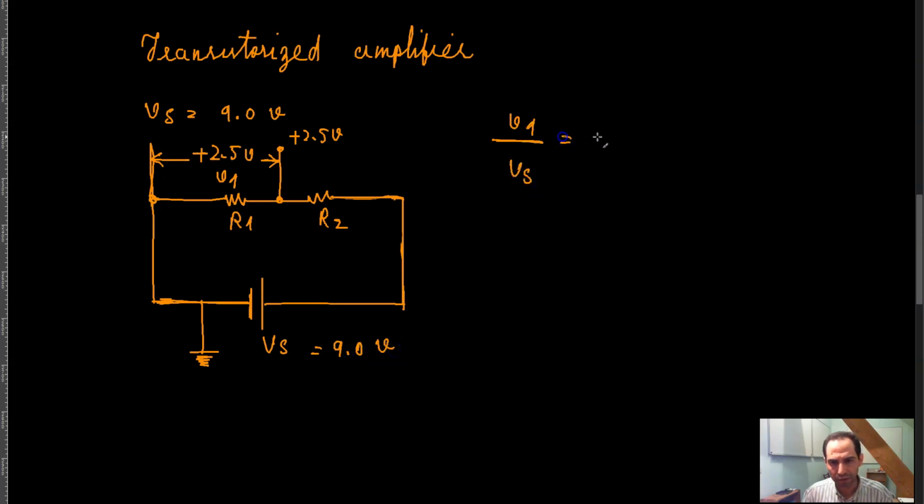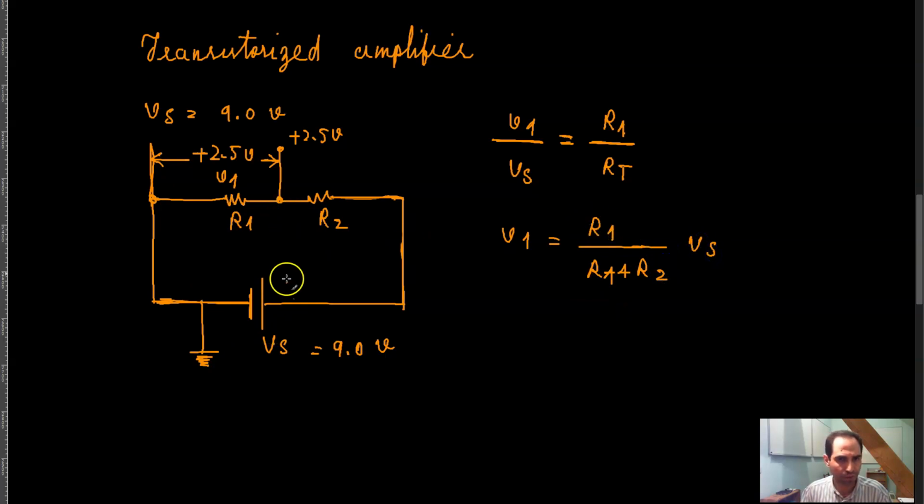V1 to V of S is always equal to R1 to R of T. The reason for that is that you know the voltage across R1, V1, is the same thing as R1 to R1 plus R2 times V of S. That's just the ratio of the power supply voltage.